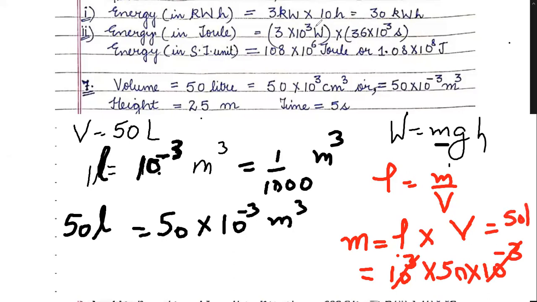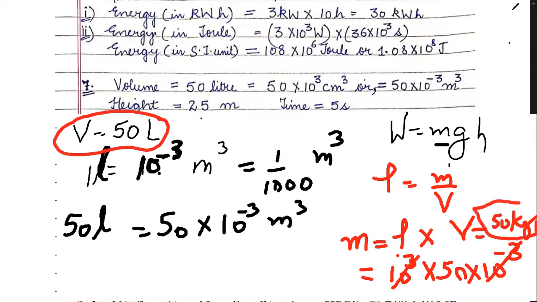Children, listen. It is not so that every time 50 liter, the same amount of kilogram will come. No. If this was 50 liter, this is coming 50 kg only because we are having water. If there was some other liquid, suppose mercury, then your answer would have been 13.6 multiplied by something.